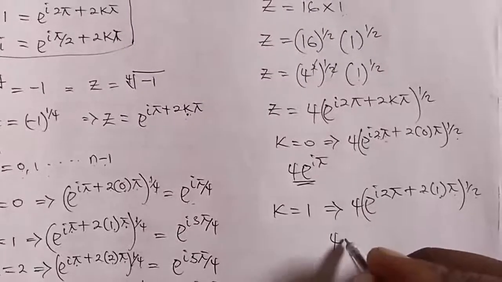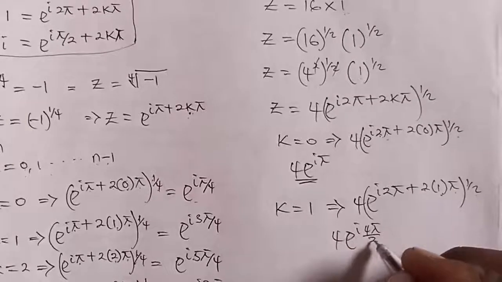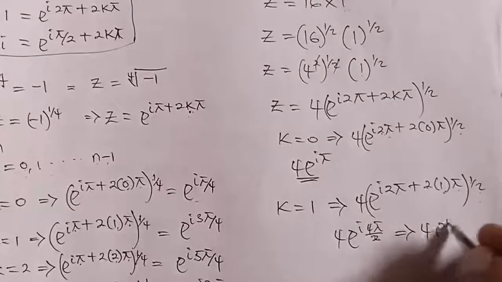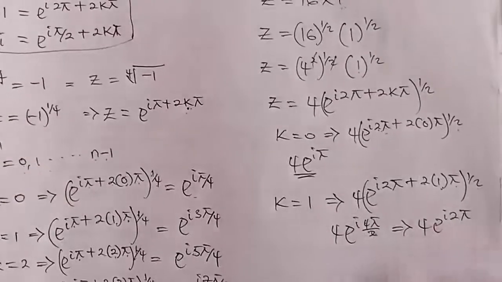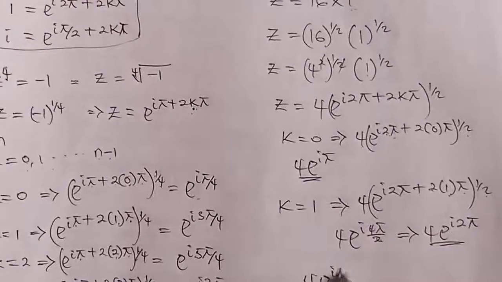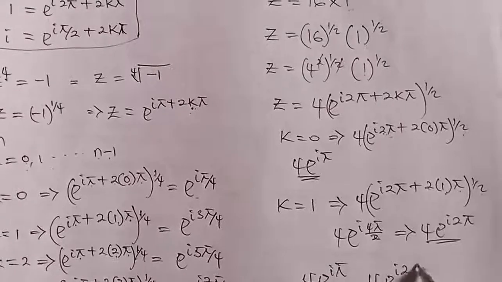So let's write it out: e to the i 4 pi over 2. And you know that 2 can go, so that what we'll have is 4 e to the i 2 pi. So these are the two answers, the roots: 4 e to the i pi, comma, 4 e to the i 2 pi.